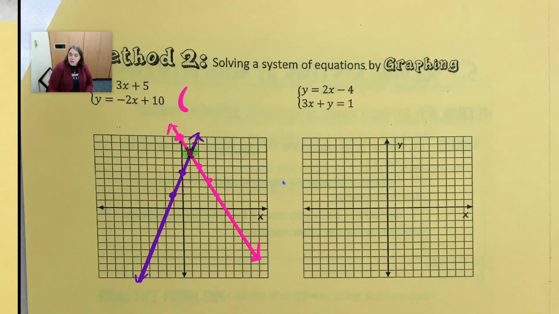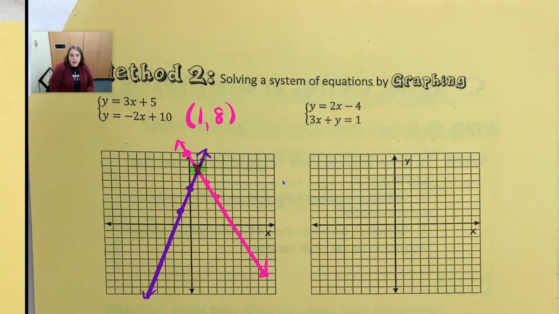So it has to be a point, it has to be an ordered pair where both of those are true, which will be 1, 8. Now, when we solve systems by graphing, we really do need to check because there's a lot of human error involved in graphing.